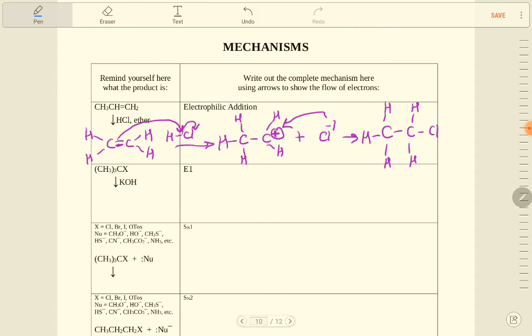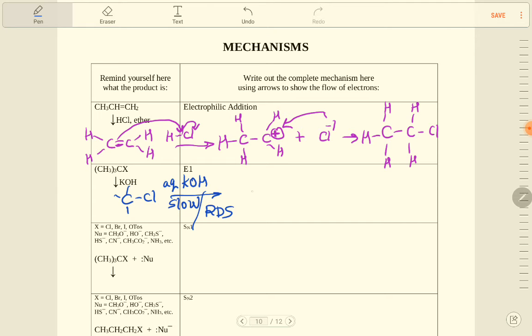Alright, so E1 reaction we need to work and see. Let's say I'm gonna just add Cl, aqueous KOH. It's a slow RDS, rate determining step.